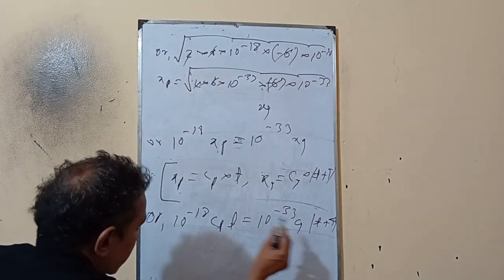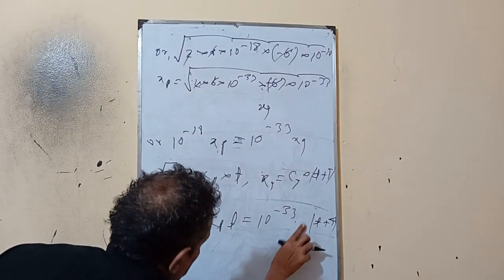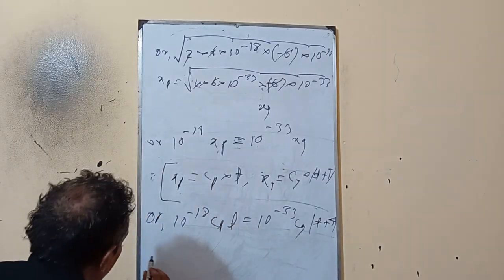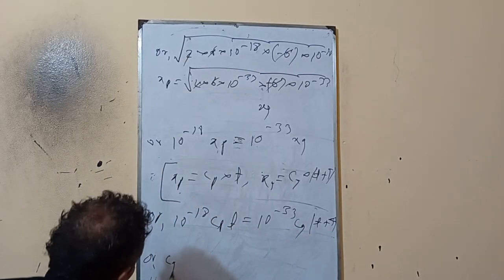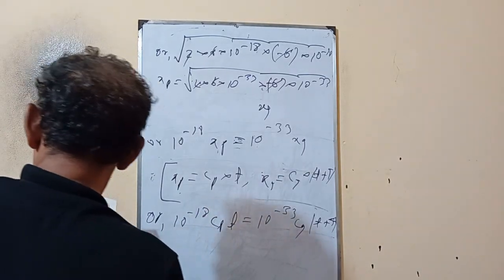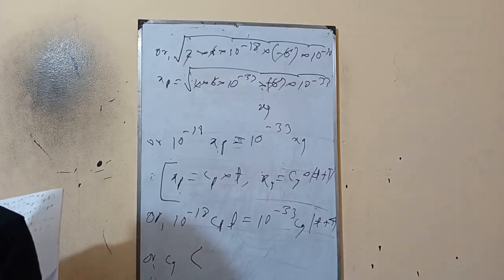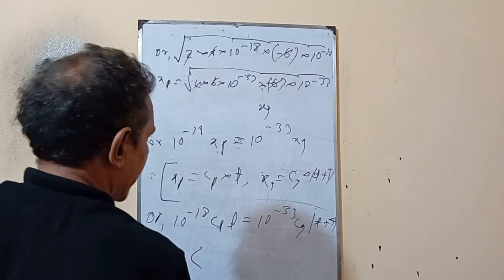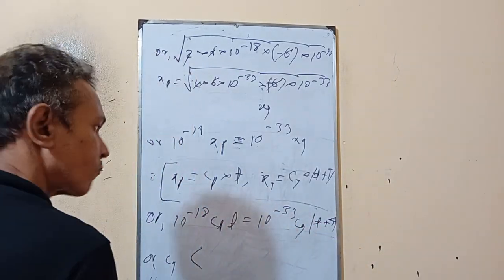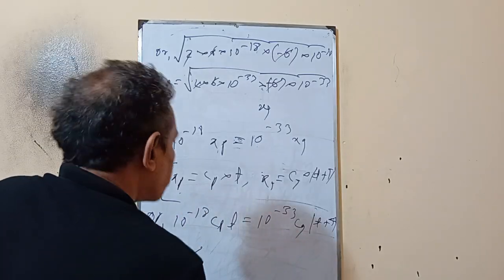Suppose CG, this CG is greater than CG, because C plus T. Okay, CG is greater.